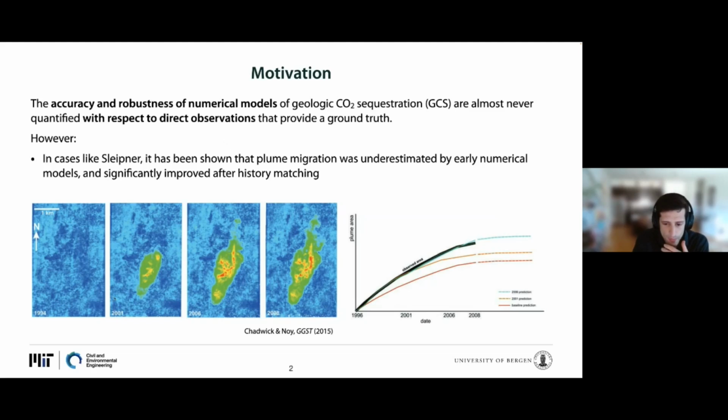For example, in this example that I'm showing here at the bottom, in order for the numerical models to match the actual extension determined from monitoring data in the field, it was required to recalibrate the models. Otherwise, the forecasts made initially were not very accurate.